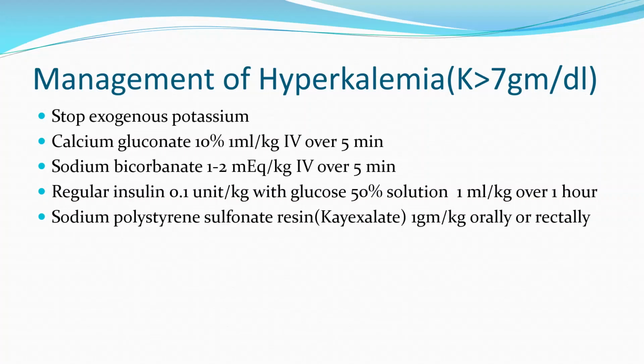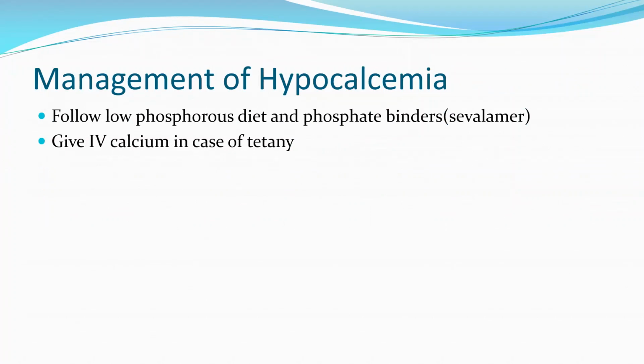And if this medical management fails, then regular insulin 0.5 unit per kg with glucose 50% 1 ml per kg over 1 hour should be given. And also Kayexalate 1 gram per kg orally or rectally. In the case of hypocalcemia, follow a low phosphorus diet and also give phosphorus binders. And also, if tetany occurs, we can also give IV calcium.